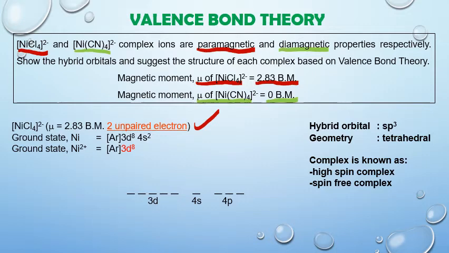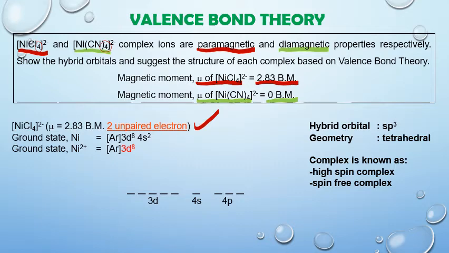Then we look at the formula for both complex ions. As we can see here, they have the same coordination number, which is 4. As we know, complexes that have coordination number 4 can have two geometry shapes.